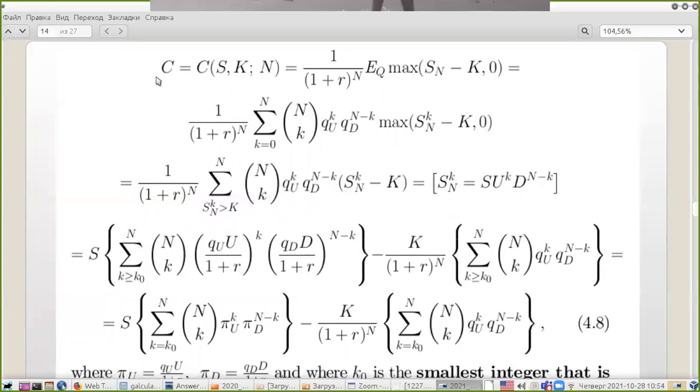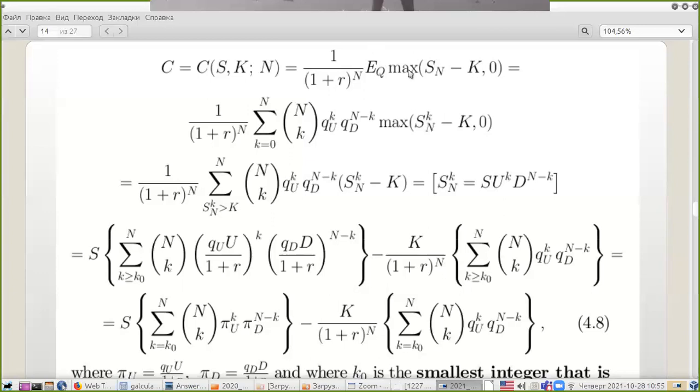If you would like to find the option price, and we know the initial price, the strike price, and the number of steps, then this fair price we can find as the discounted mathematical expectation with respect to the risk neutral measure, discounted from the payoff function.